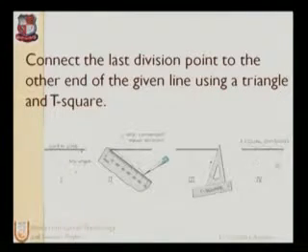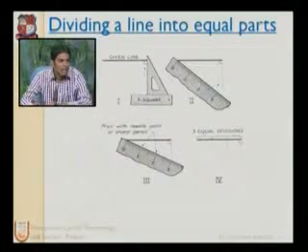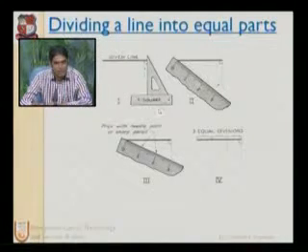So this way we can divide the line equally into the given number of parts. So here is another method: given a line, and with the help of T-square we are drawing a straight line. So here it is represented how to use the instrument to get the equal parts.